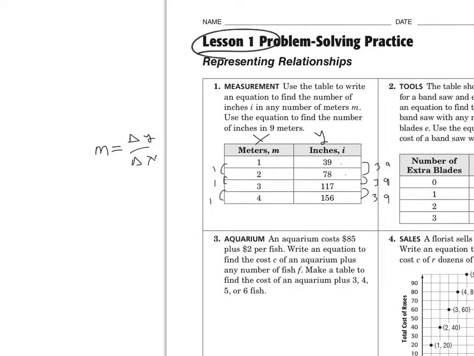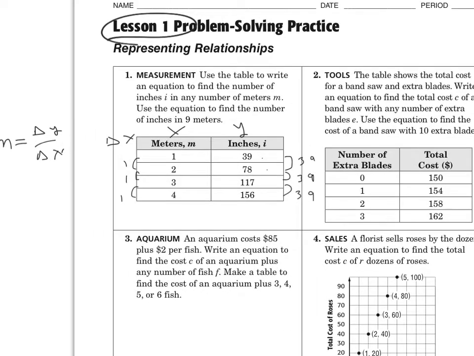So these numbers over here, when we change from 1 to 2, 2 to 3, and 3 to 4, these numbers are the changes in x. And the numbers on the right side are the changes in y, because we're jumping from 39 to 78. That's a 39 unit change in y.